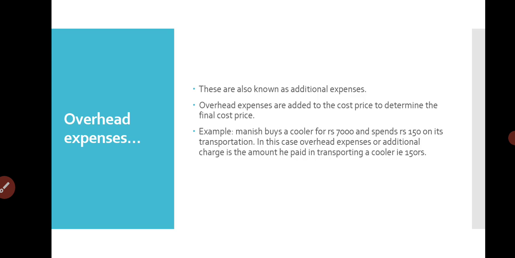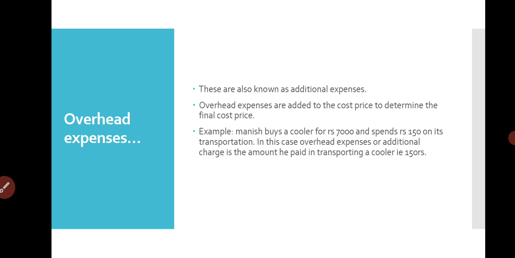Now, the next heading is overhead expenses. We have learnt about cost price. We have learnt about selling price. Now, what are overhead expenses? If we are buying any object, we are paying a particular amount, and that is the cost price. Now, other than the cost price, there is extra amount we put into an object.